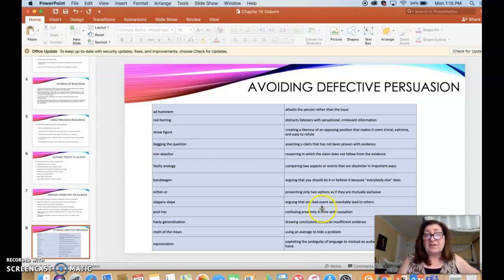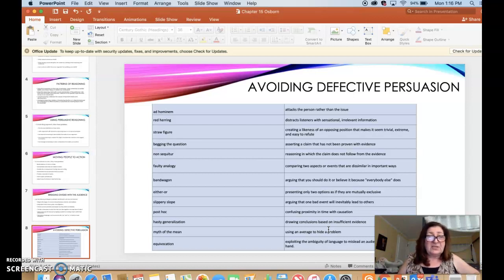Slippery slope, arguing that one bad event will inevitably lead to others. Post hoc, confusing proximity in time with causation. So if something happens after another event, we say that it's caused by it, but it doesn't necessarily mean that. It's making a correlation that doesn't exist.